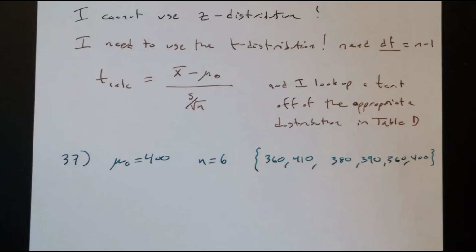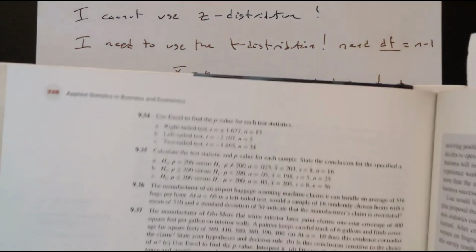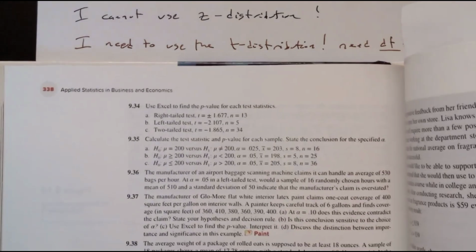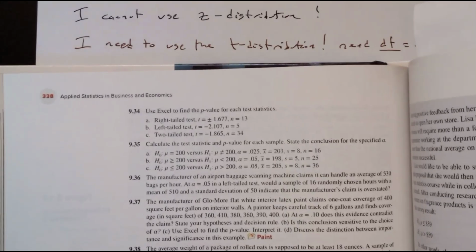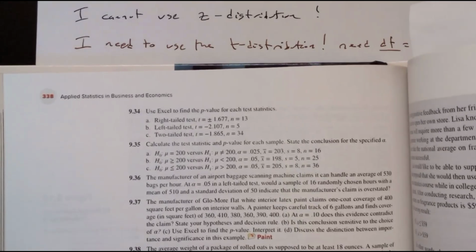My null hypothesis here: if I go back and read this text carefully, the manufacturer claims one coat coverage of 400 square feet per gallon.